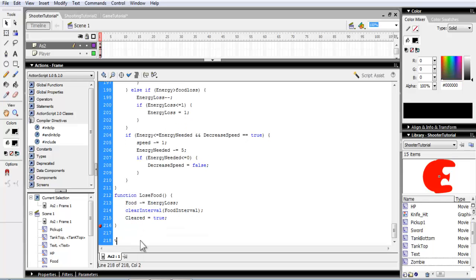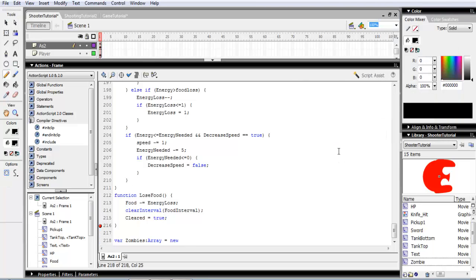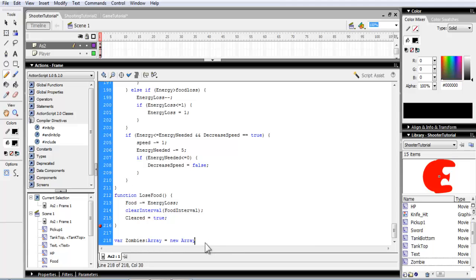So we'll make var zombies array equals new Array.